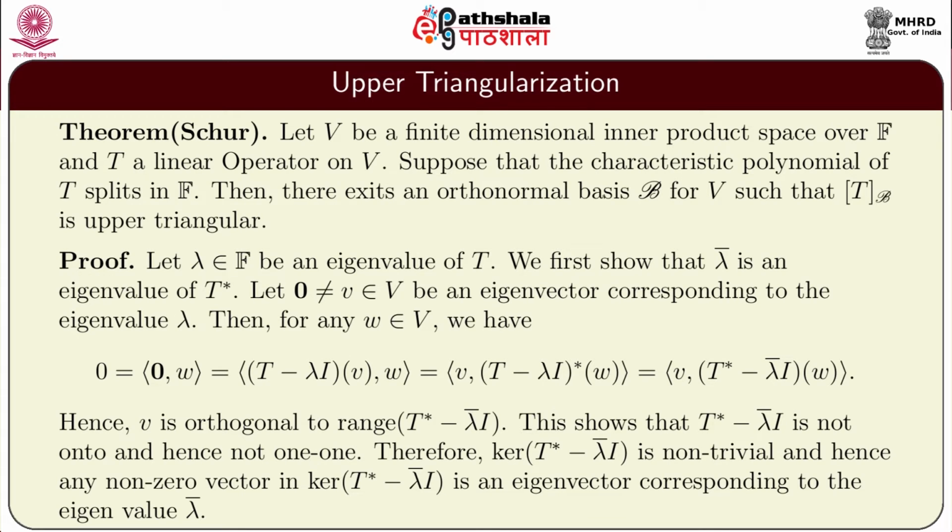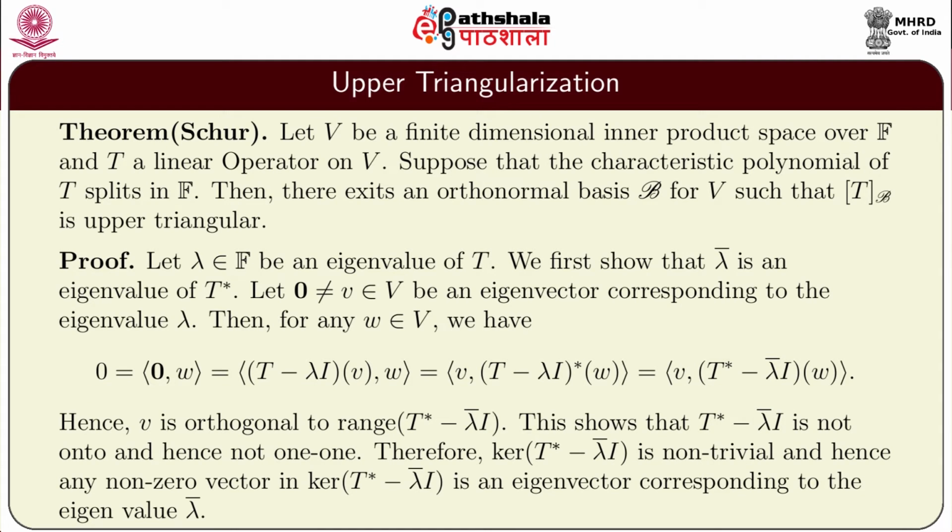Then for any w in V, we have the inner product of the 0 vector with w, which is 0, and that is equal to ⟨(T − λI)v, w⟩, and that is ⟨v, (T − λI)* w⟩, and that is ⟨v, (T* − λ̄I) w⟩.